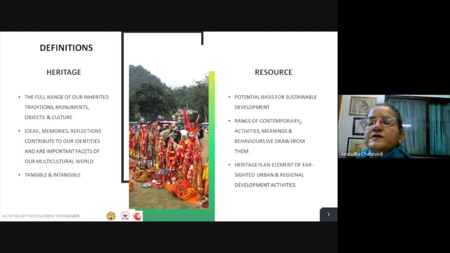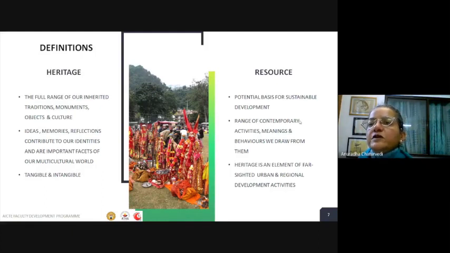Heritage includes ideas, memories, reflections which contribute to our identity and which are important facets of a multicultural world. And the resources include a range of contemporary activities, meanings, behaviors, processes that we draw from our memories of heritage.